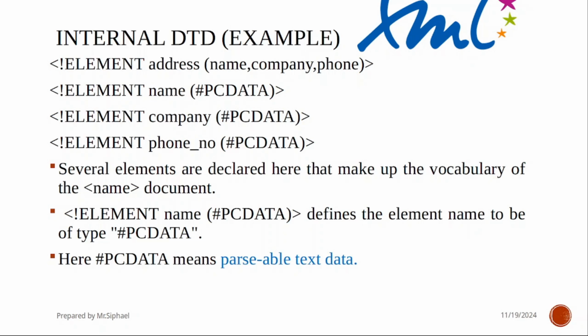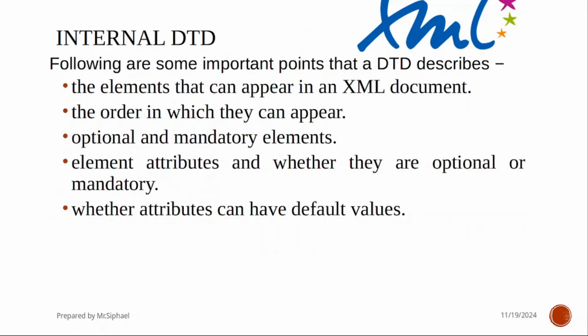The declaration element name PCDATA defines the element name to be of type PCDATA. PCDATA just means parsable text data. So that's pretty much how to define an internal DTD.